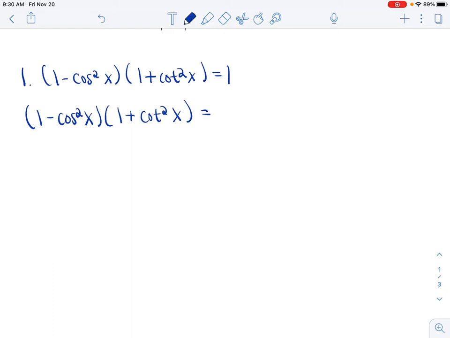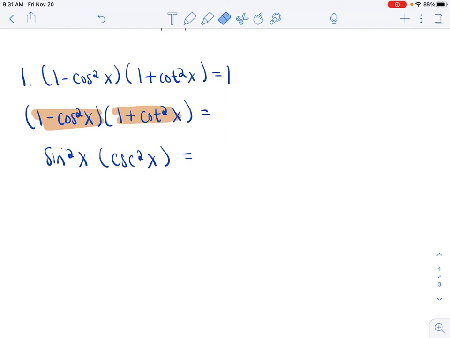And what do we get? Well, if we replace 1 minus cosine squared x, we can replace that with sine squared x. That's from that identity sheet. And this one you might not know off the top of your head as easily, but 1 plus cotangent squared x is equivalent to cosecant squared x.